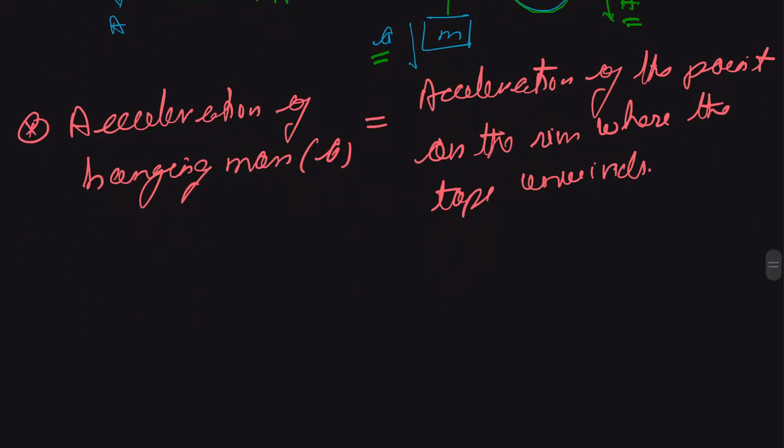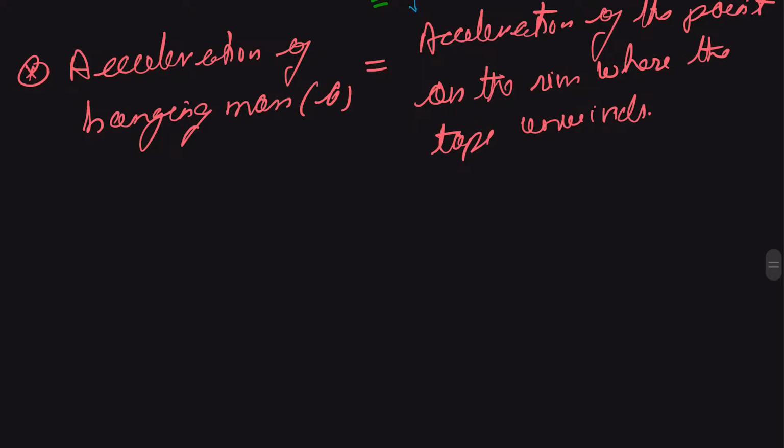Therefore, we can write that a will be equal to the linear acceleration of that particular point, r times alpha. This is the constraint relationship between these two. All these are accelerations, the linear acceleration as well as the angular acceleration. So this is the important part in this.